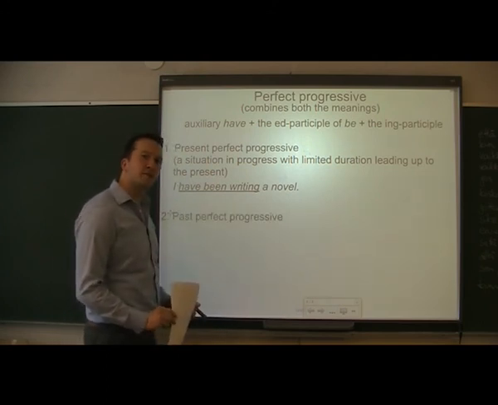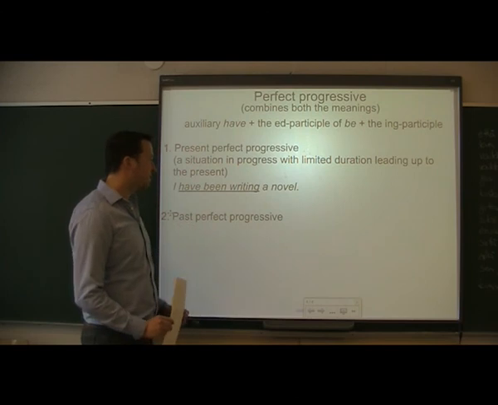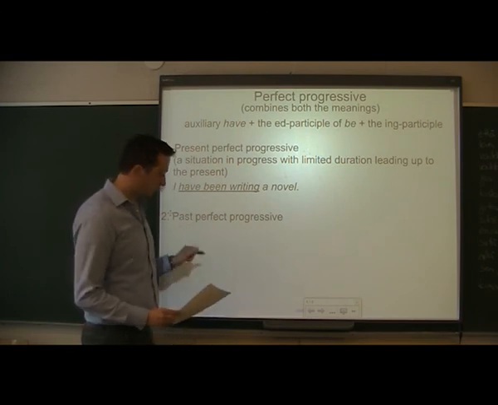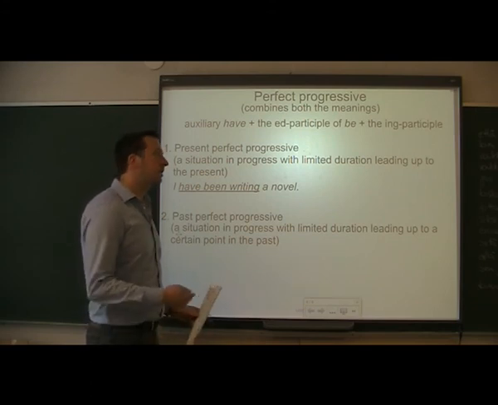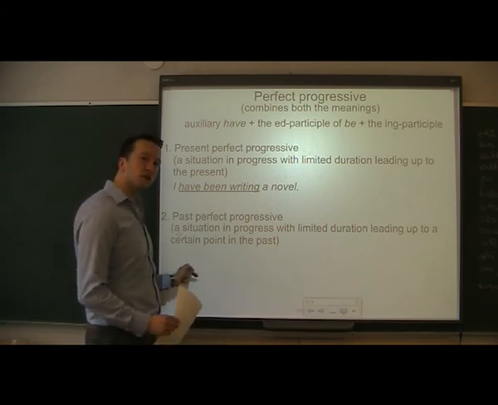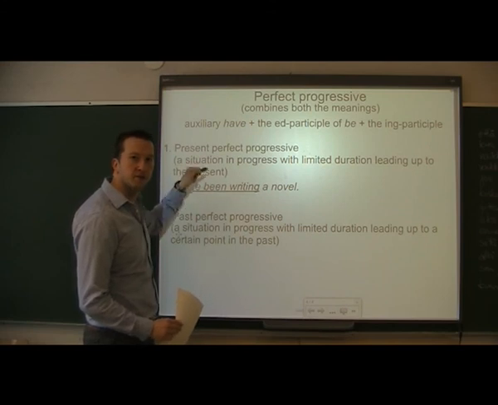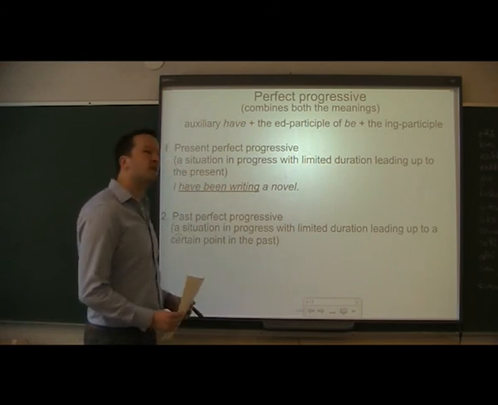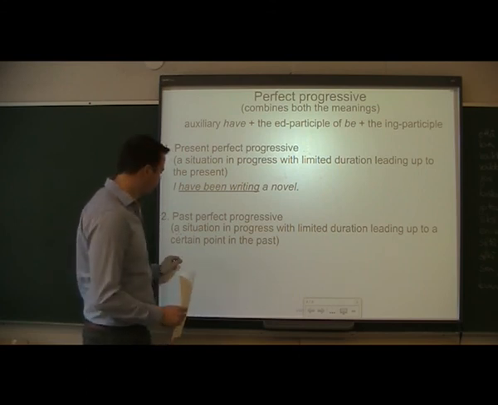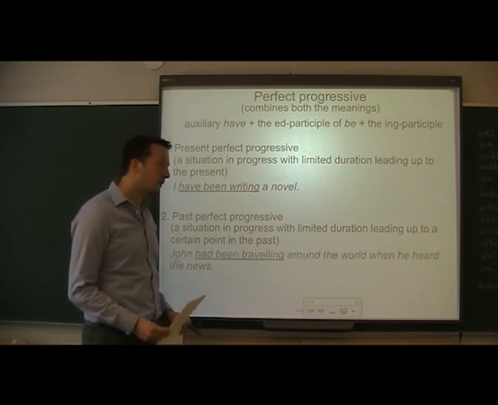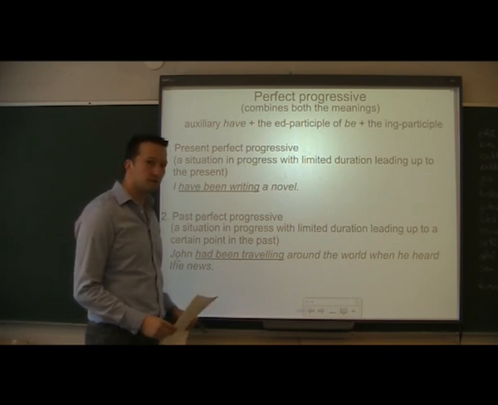Or we can put it into past tense, forming past perfect progressive. There we describe a situation in progress with limited duration leading up to a certain point in the past. In the previous one, it leads up to the present, but with past perfect progressive, it leads up to another time in the past. As in, John had been traveling around the world when he heard the news.